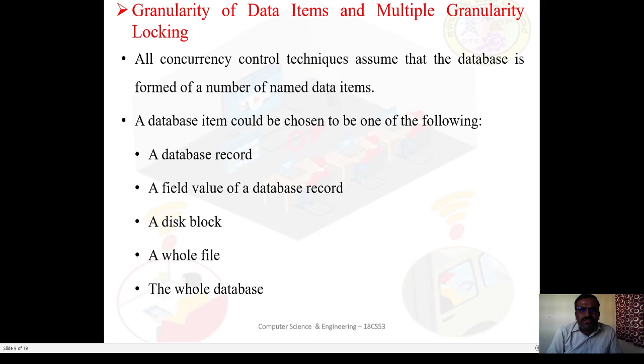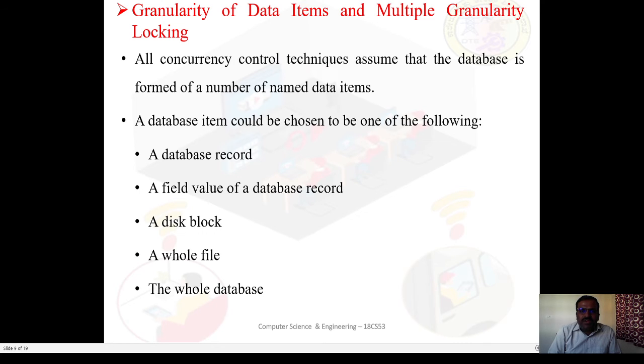Next we will discuss granularity of data items and multiple granularity locking. All concurrency control techniques assume that the database is formed of a number of named data items.